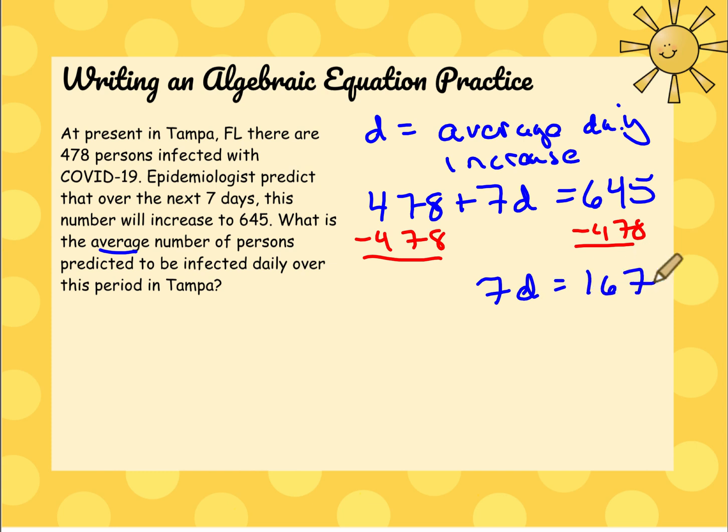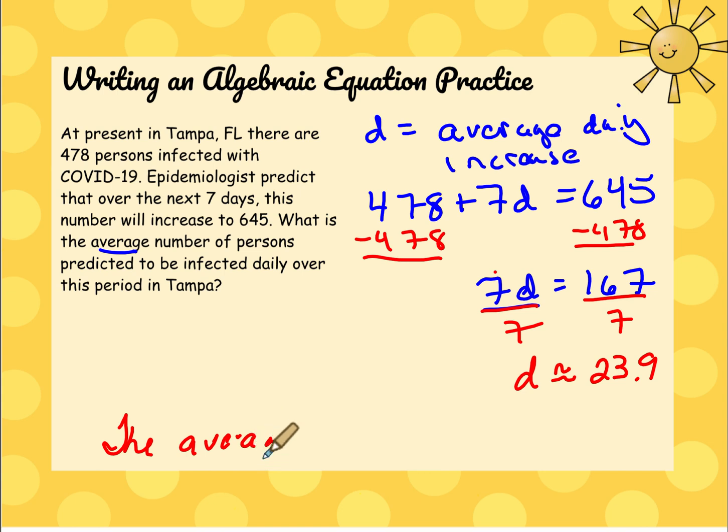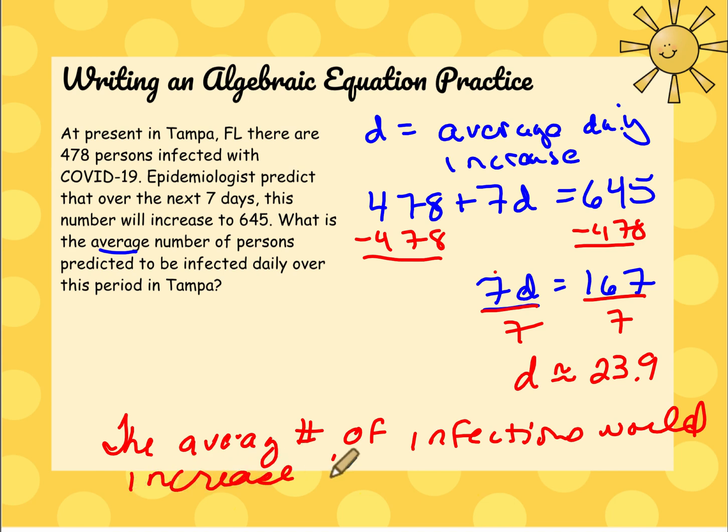And then when I divide 167 and 7D both by 7, I get D is not exactly, but approximately 23.9, which means in Tampa they can expect that the average number of infections would increase by about 23.9 persons per day.